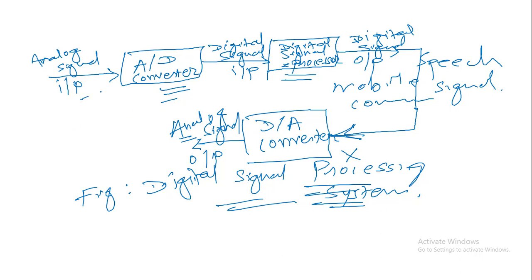analog in nature, which will be converted into digital form so that the audio can be properly processed and transmitted. That means the audio signal will be digitally processed. Initially the audio signal is analog, so it should be converted into digital form by using an analog to digital converter.